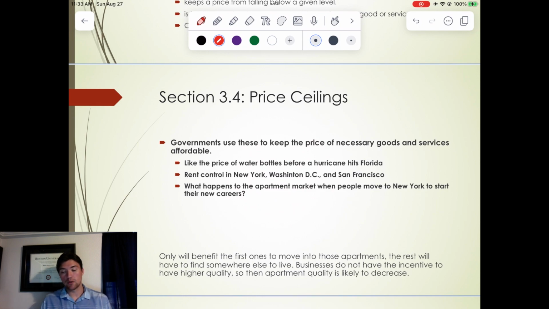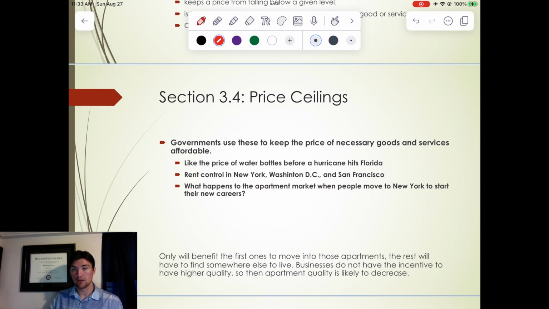Another example would be rent control in New York, Washington, D.C., or San Francisco. So basically, if we're going back to necessities, right, shelter is a necessity. So in these places, they put rent control. You cannot go above this price on rent. But what happens to the apartment market when more people move to New York and start their new careers?